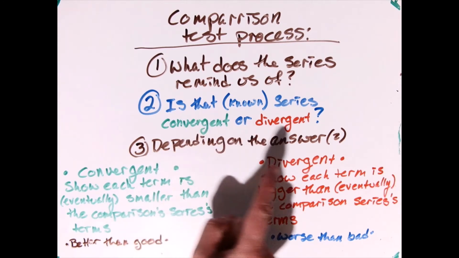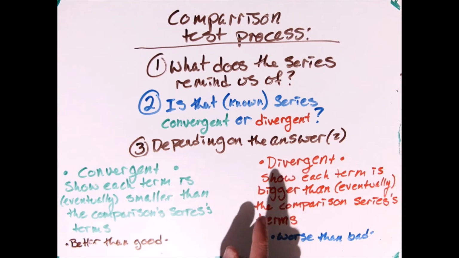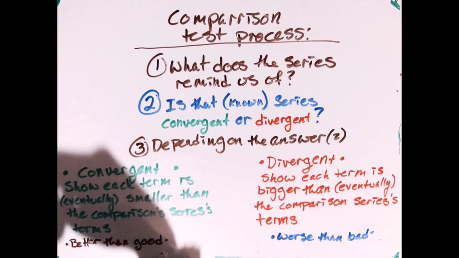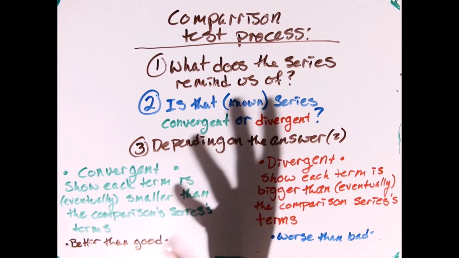If my answer to 2 was that the known series, the thing I think it looks like, is divergent, then I want to show that each term of my series, the one I'm curious about, is bigger than the comparison series. And again, I can do this eventually. The reason why eventually is in here is because who cares about the first couple terms? We care about infinity.